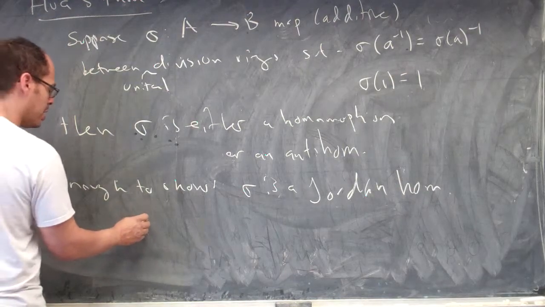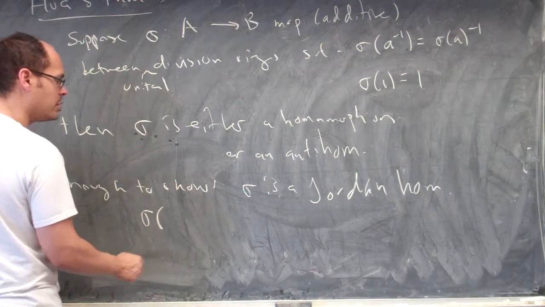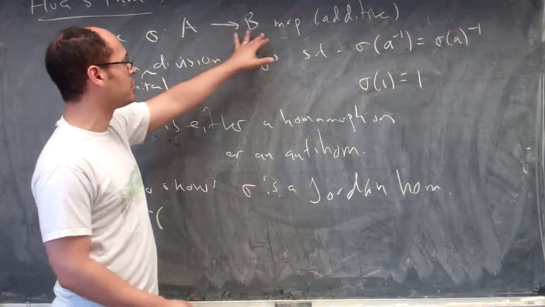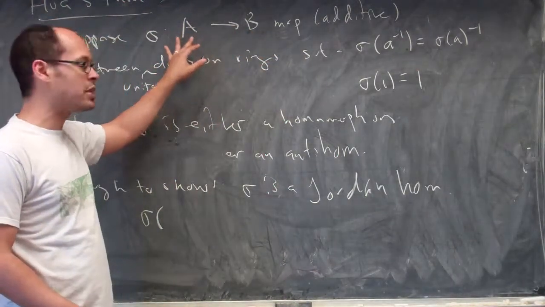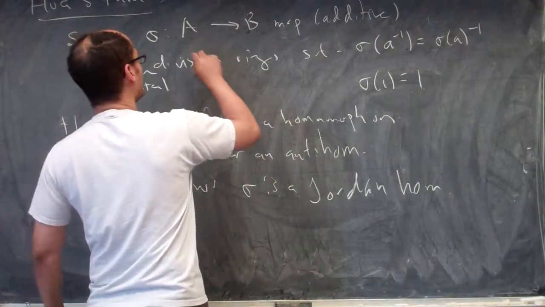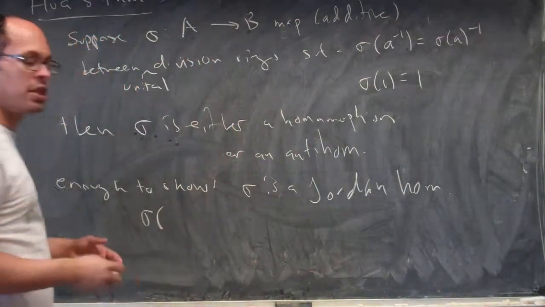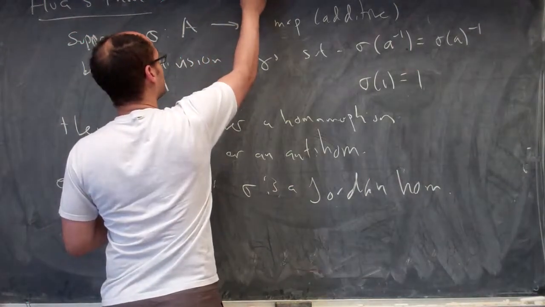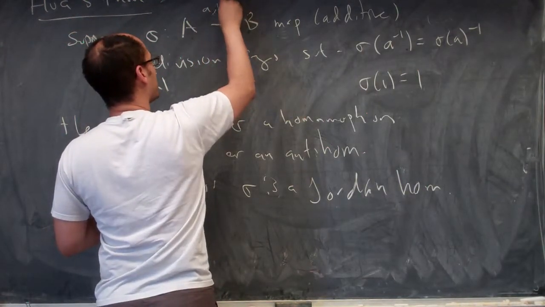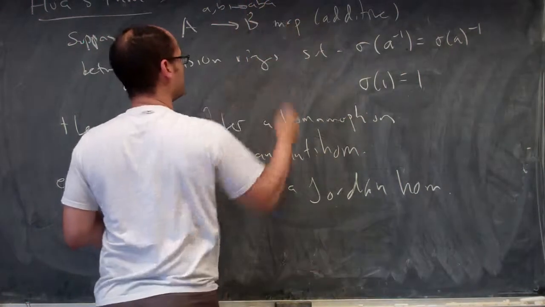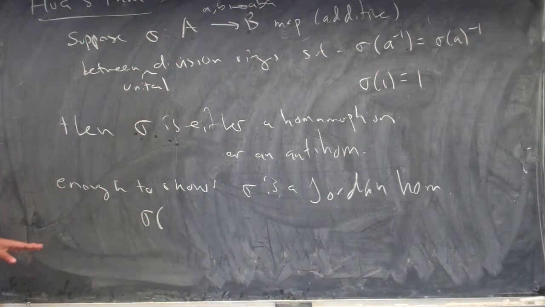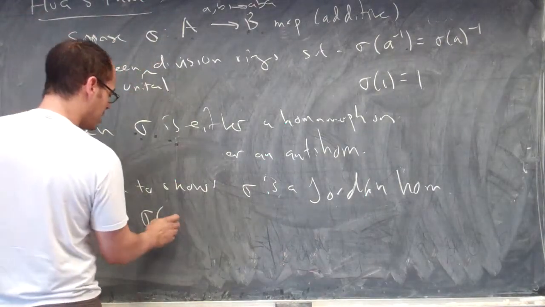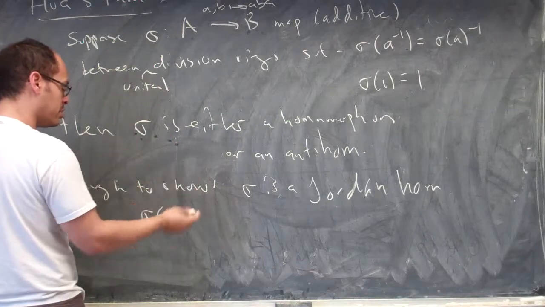This entails showing, so recall that if I have a map between special Jordan algebras, and I'm regarding these as special Jordan algebras just in that they are closed under the operations A goes to A squared, and A comma B goes to ABA. They're rings, so they're certainly closed under those operations, but if sigma respects these two operations, then it's a special Jordan map, so it's a Jordan homomorphism.